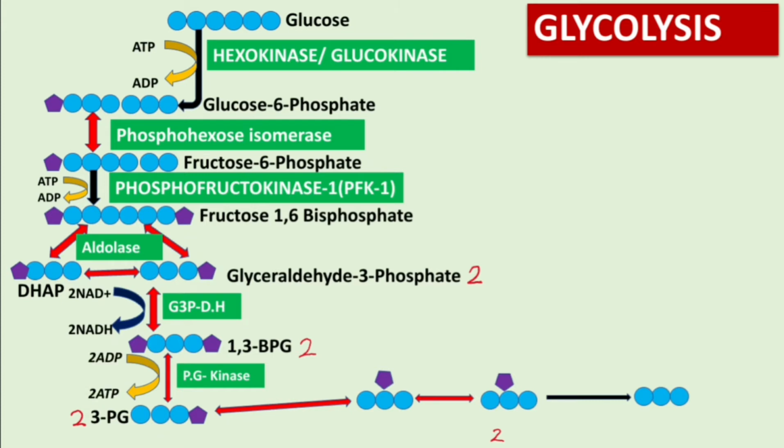So in this case, we use 2 ADP molecules to get ATP times 2. This is the first step where we get ATP in this process. Previously, we just used ATP here and here, but now we have gained 2 here, so we can say it's balanced for now.